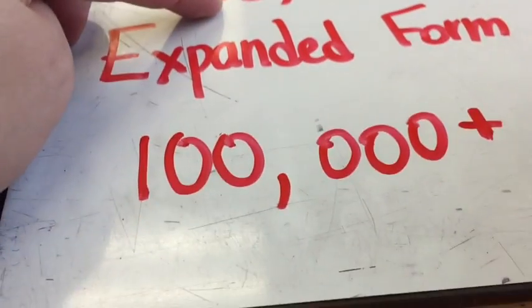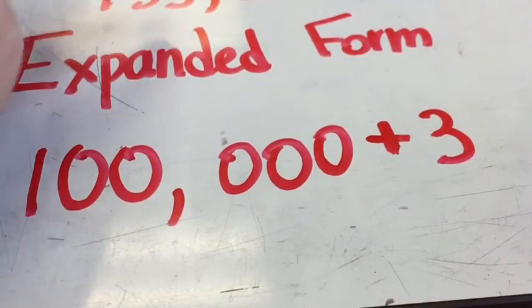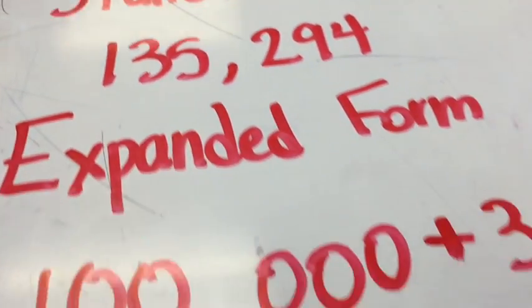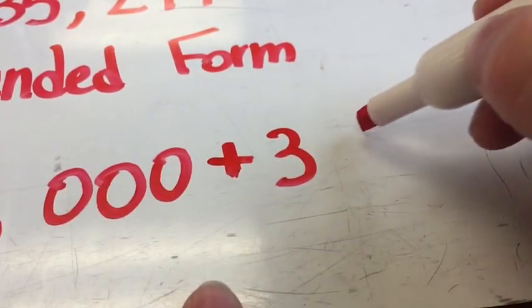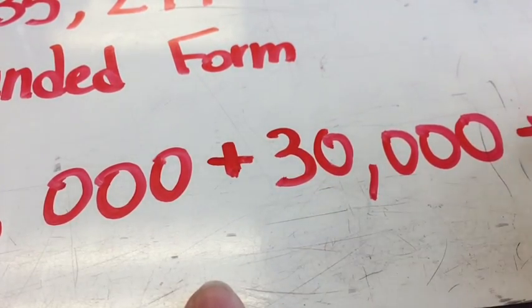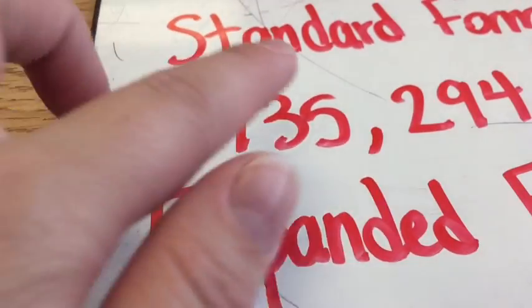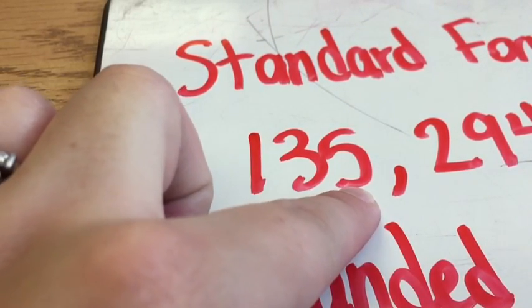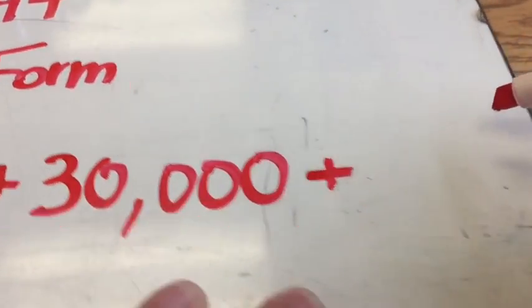So we write down 3, and we count how many numbers are left behind. 1, 2, 3, 4. So then we add in 4 zeros. Now we go back to our next number, which is 5. This is in the thousands column, and we count how many zeros? 1, 2, 3.